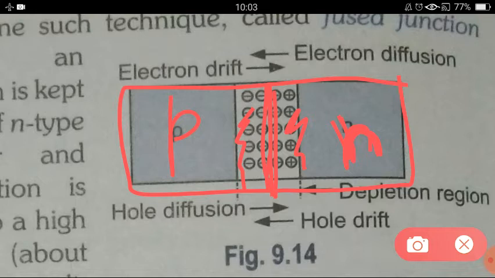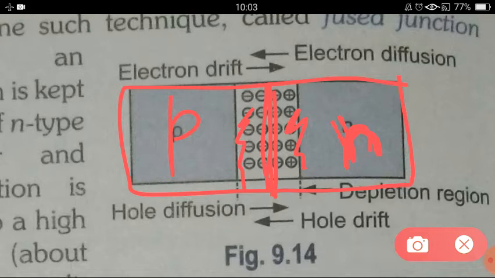So the electrons start moving towards the p-type and the holes start moving towards the n-type. When they pass the junction, some electrons and holes diffuse with each other and combine. When an electron and a hole combine, they become neutral because the electron is negative and the hole is positive.